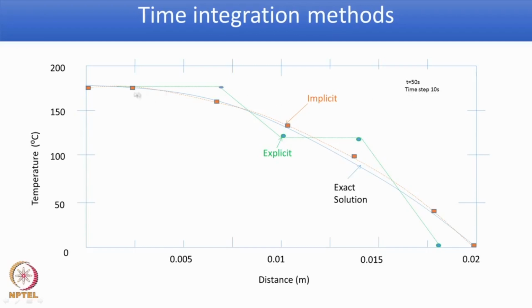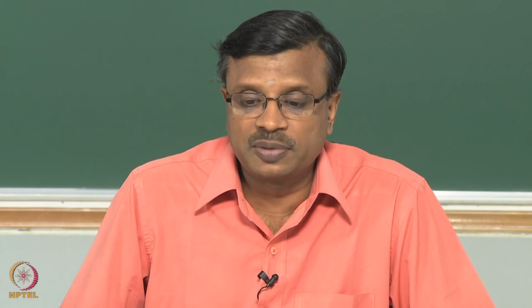We already noticed that the explicit scheme shows a stepwise solution, whereas the implicit scheme captures almost the same as the exact solution. So, you understand the effect of the implicit scheme as well as the explicit scheme on the results. You also have to see the time required to obtain the solution as well as the memory required to use the explicit scheme or the implicit scheme.